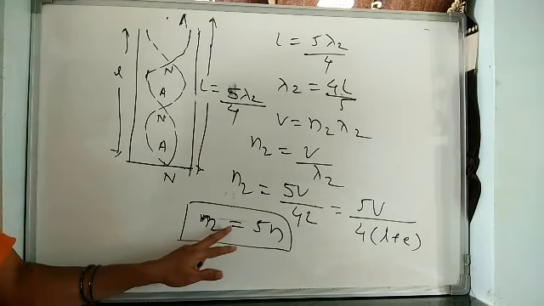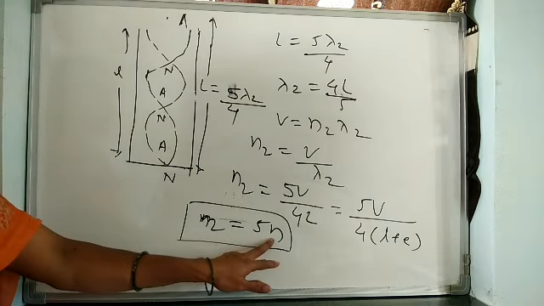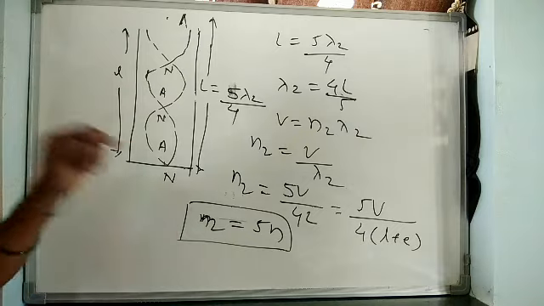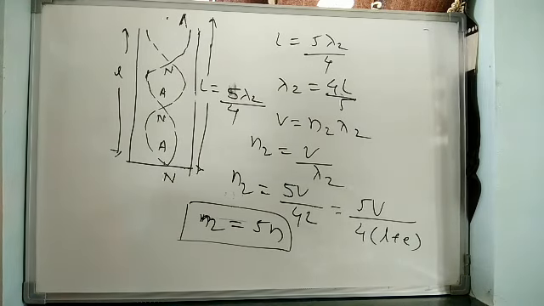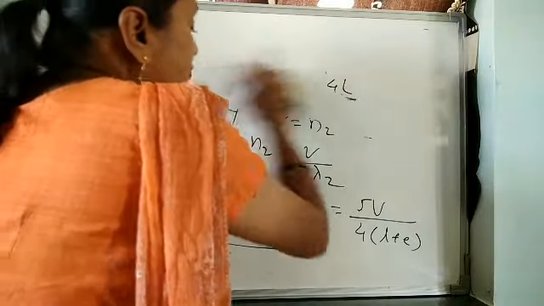See again here, this is the frequency of the fifth harmonic, or the frequency of the second overtone. In this way, the air column can vibrate with the frequencies of only odd harmonics, as we have seen.